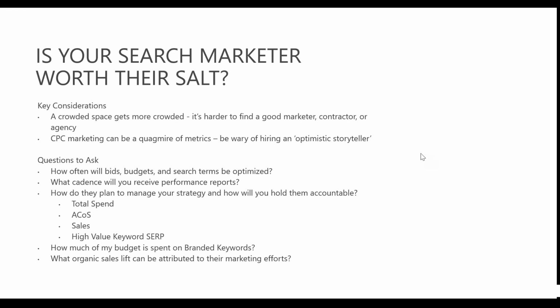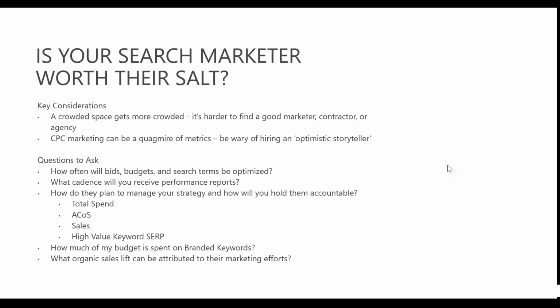Are they going to be targeting only sales? Sometimes you can get into these pay for performance oriented relationships. And one of the things worth noting is as sales increase, you may be increasing your spend inordinately by a lot.